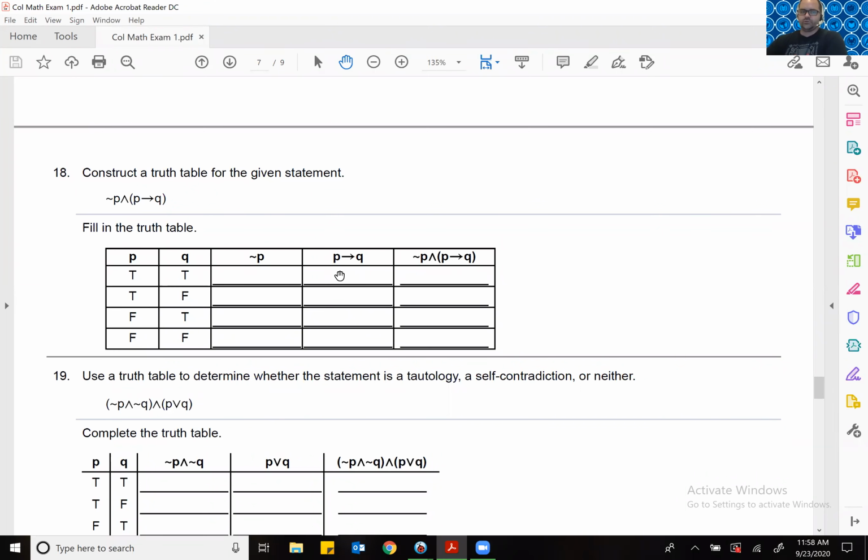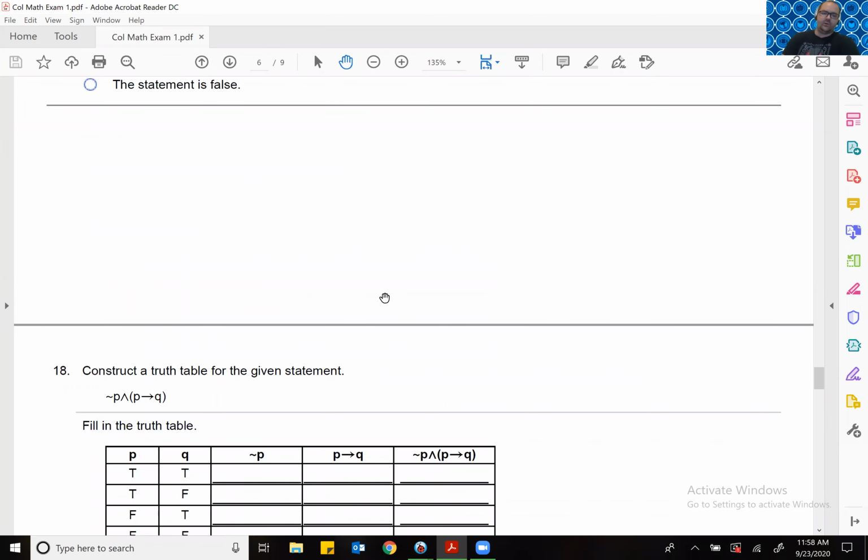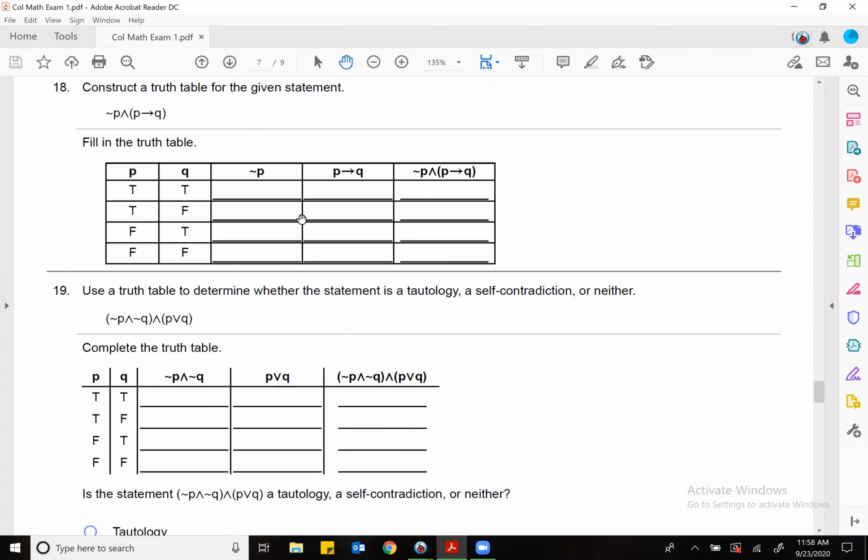So we're going to do a truth table, negate P, and parenthesis, P arrow Q, parenthesis. Now this truth table is one where you will actually be filling in the true and the false. Same thing on 19. It's kind of interesting how some of the problems you just click on the button, others you have to fill in. All depends upon what they want to throw at you.